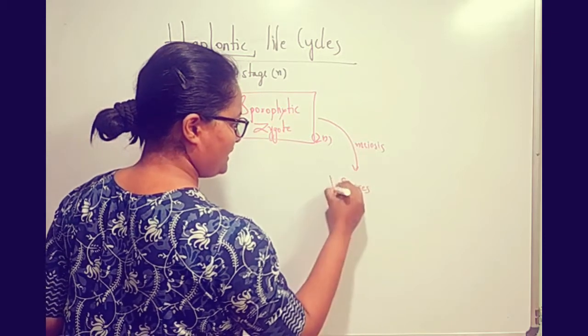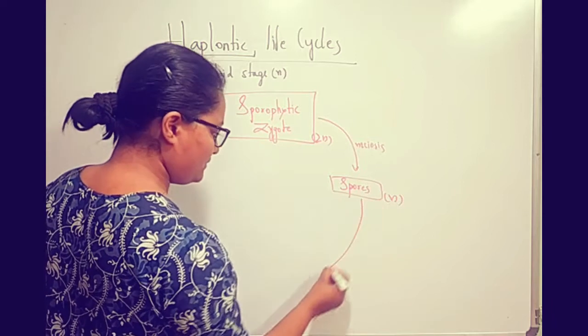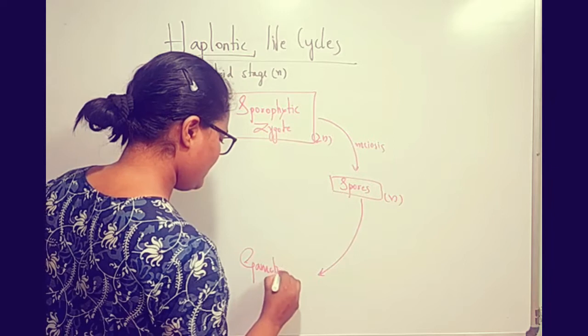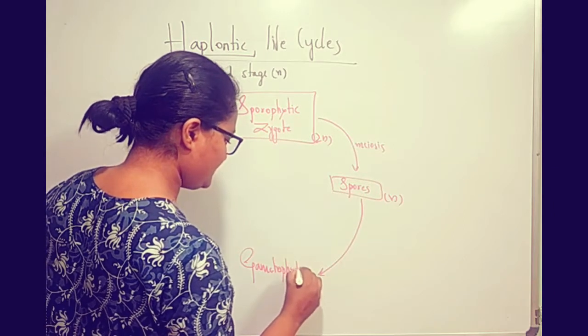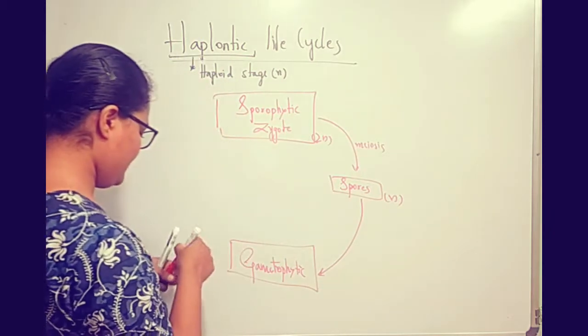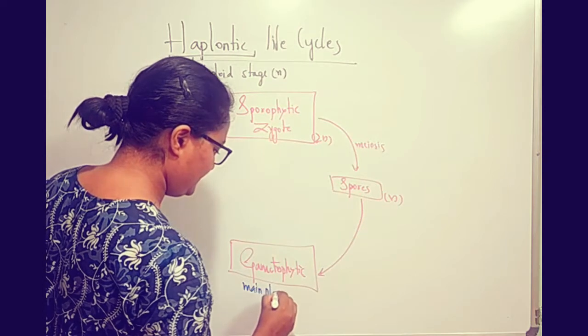Spores. And our spores are haploid, and the spores produce the gametophyte, and this is our main plant body.